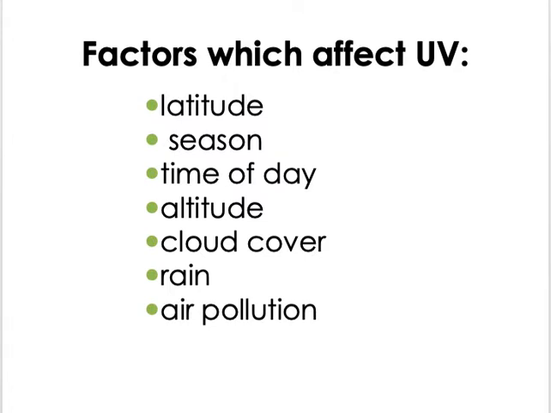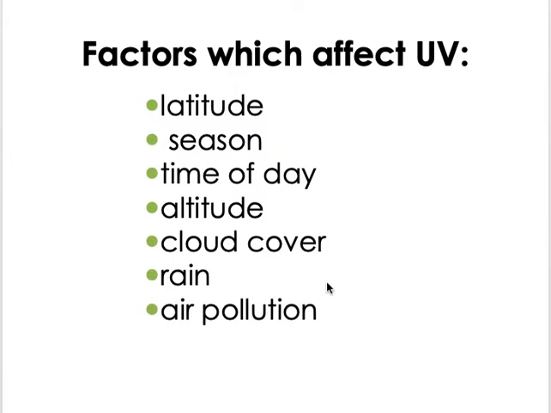Clouds, as said in the previous slide, can actually prevent the penetration of UVA radiation. So you have also rain. With rain, most likely the precipitation is accompanied with nimbus clouds or dark clouds, so most likely it blocks UV as well.